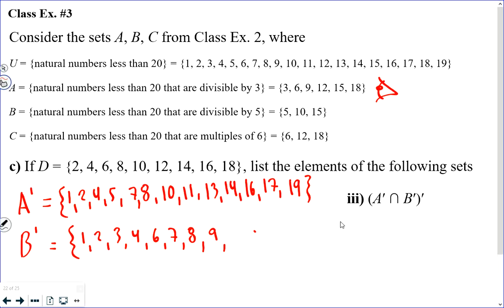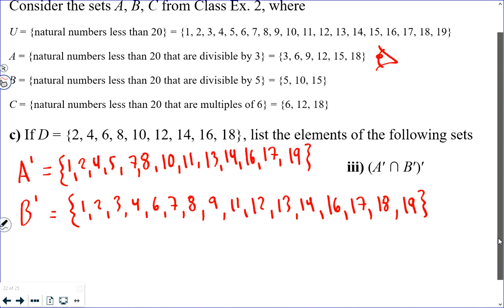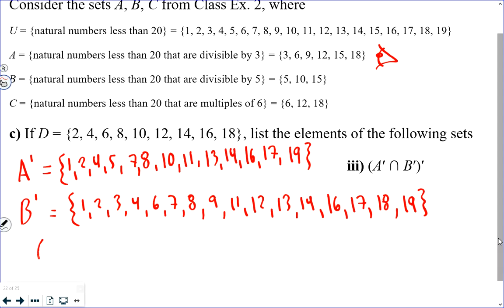Nope, not 10. 11, 12, 13, 14, not 15, 16, 17, 18, 19. This is not B. So now, what is the intersection of the complement of A and the complement of B?